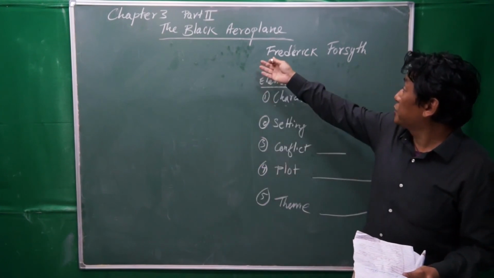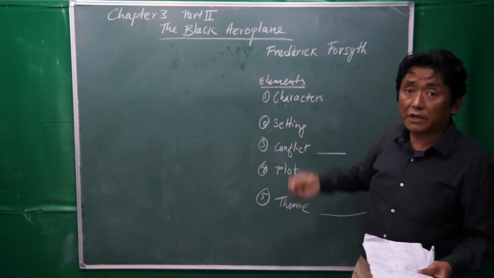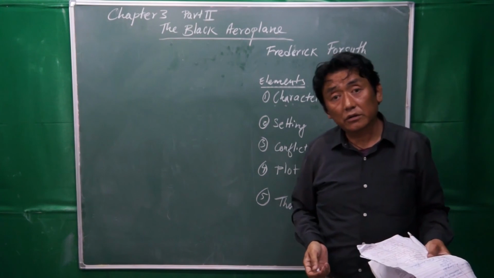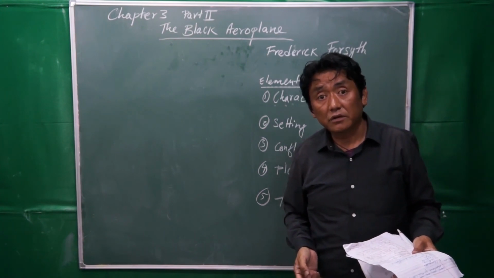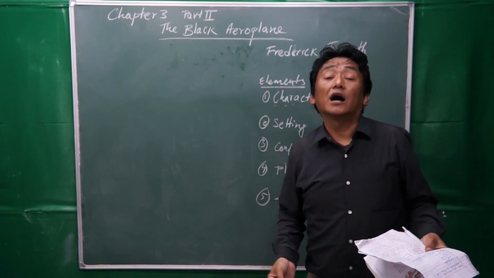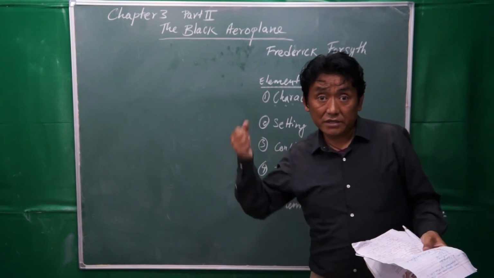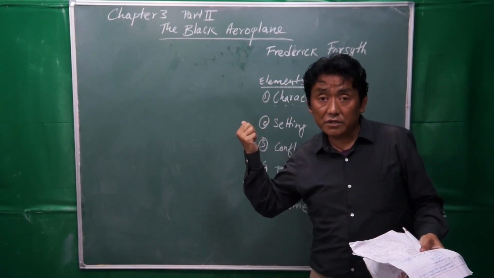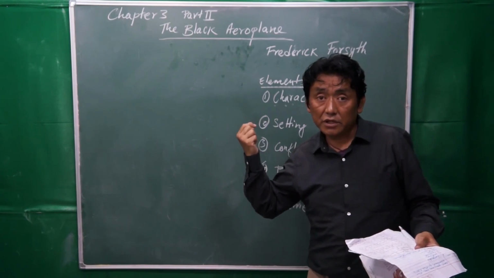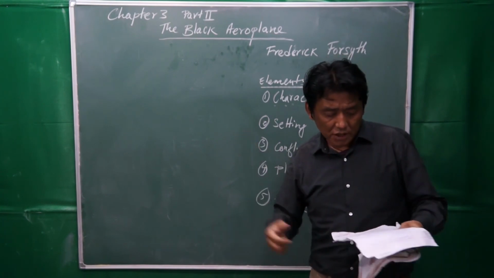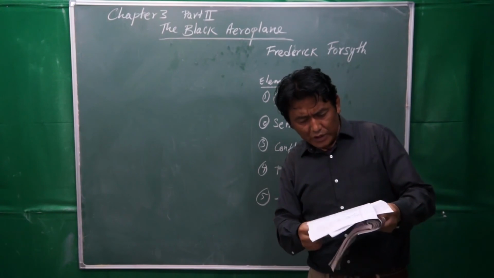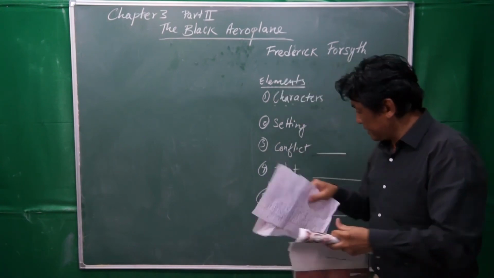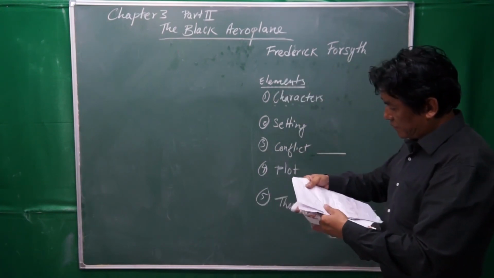That appearance of the black aeroplane in the storm was a miracle. He was miraculously saved by this pilot of the black aeroplane, right? And then it turned into mystery when he couldn't find him on the land. Now see, these are the elements.